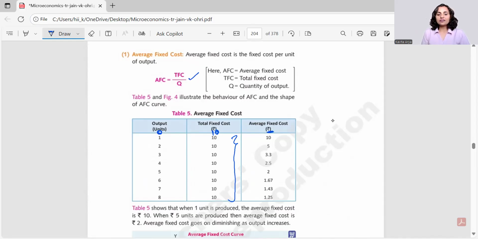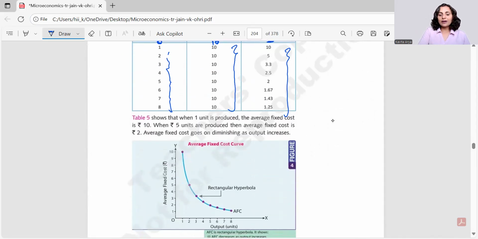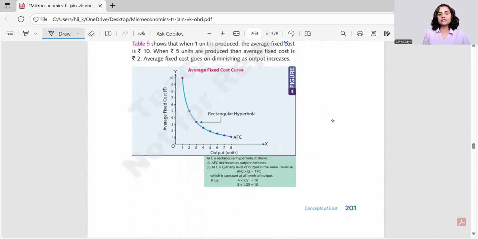This is total fixed cost divided by quantity. And when we keep on dividing this constant value of 10 by bigger and bigger numbers at every next step, what do we get? We get this average fixed cost answer as falling at every step, right? So how does it look like? It gets to have a hyperbola shape. This is a rectangular hyperbola.